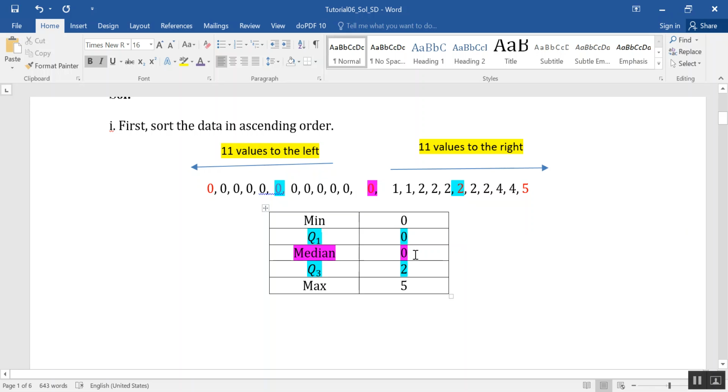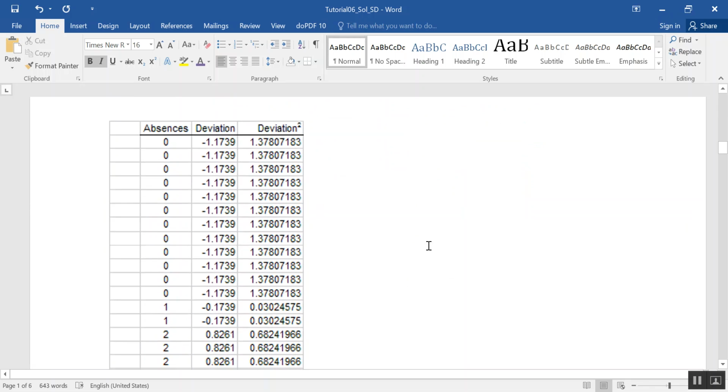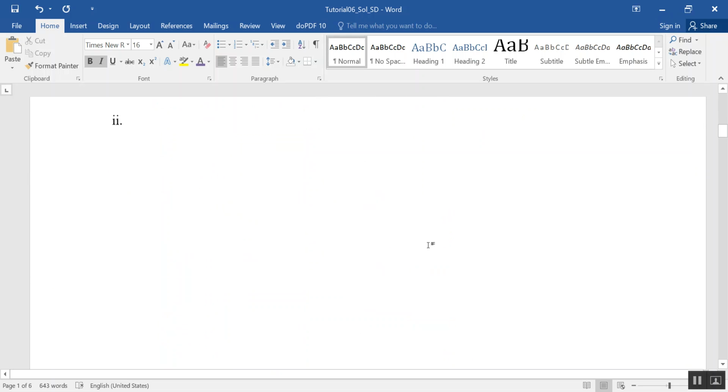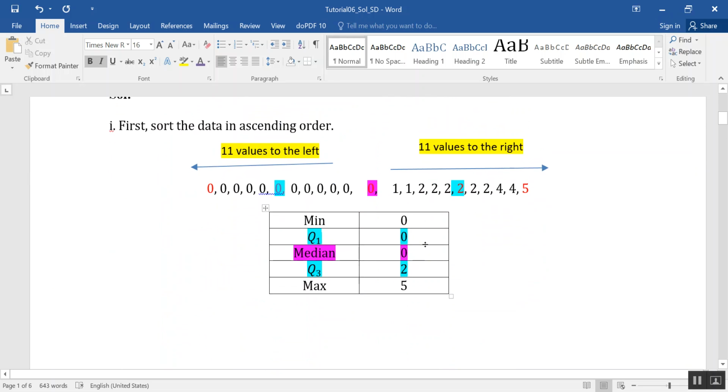So that is the median. What are quartile 1 and quartile 3? To keep it simple, let me see if I have any other example. Never mind, I do not have an example here, but it's in another question. Anyway, the easiest way to find quartile 1 or quartile 3 is that it is the median of the bottom half of the values, and the median of the top half of the values.